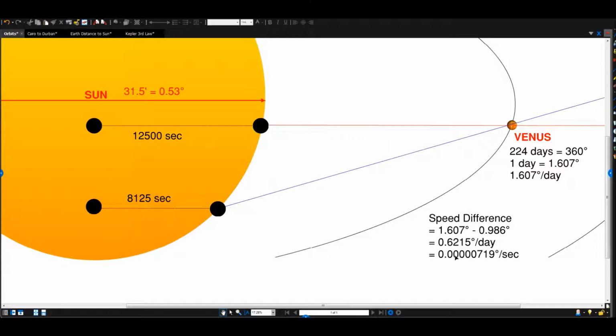Now we know the speed, right? The speed is 0.00000719 degrees per second.